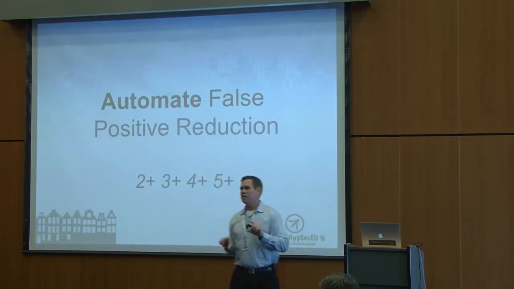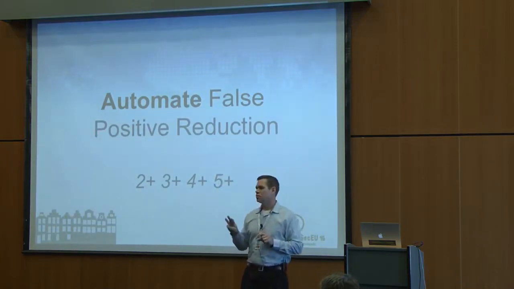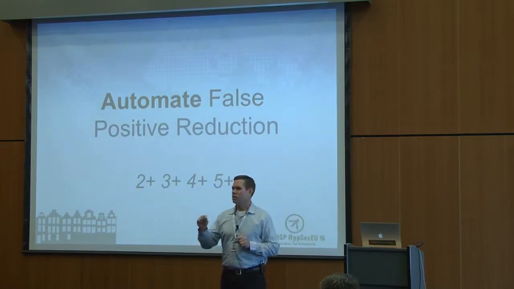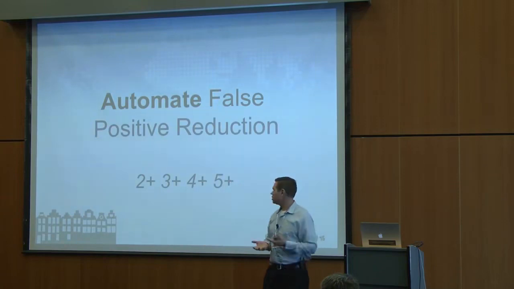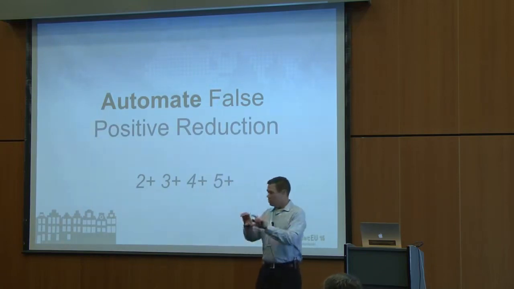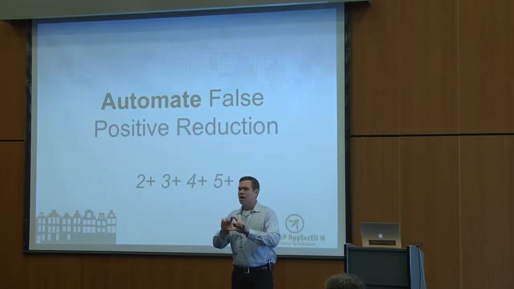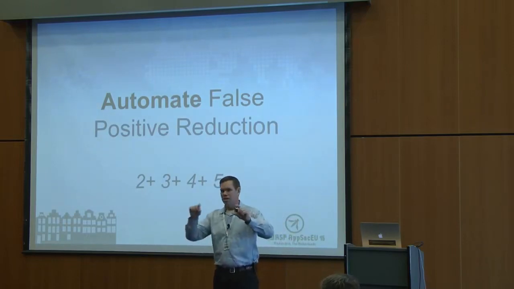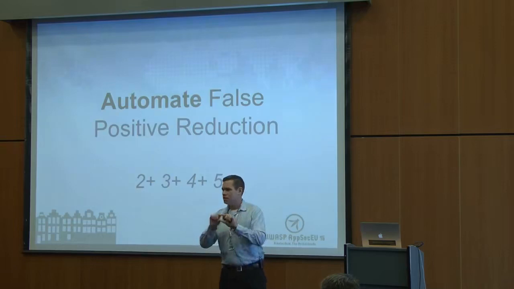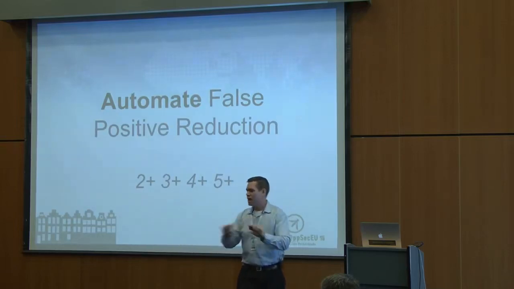If you have 3 tools and all 3 find a vulnerability, the chances are that vulnerability is probably correct. Now you could also get into a false negative situation, but what we're trying to do here is automate as much as we can, and then point the people onto things that will matter more.